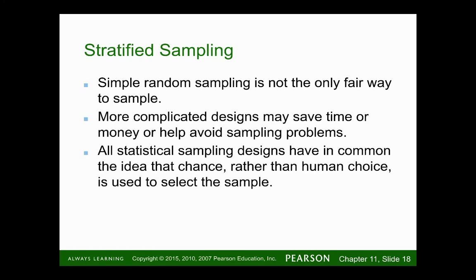So I might think to myself, well, I want to make sure I have 1 girl, and I want to have 1 boy, and I want to have 1 ethnicity or another. I'm choosing. I think that it's being unbiased. I think that I'm being totally random, but I'm not. By assigning number values to you and letting the calculator pick the numbers, it's totally random.